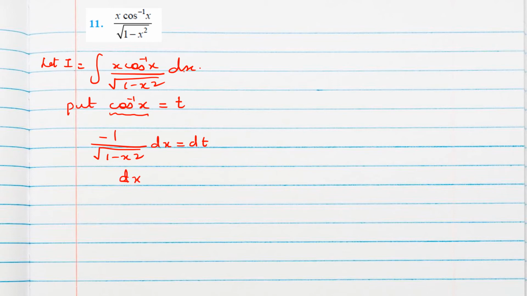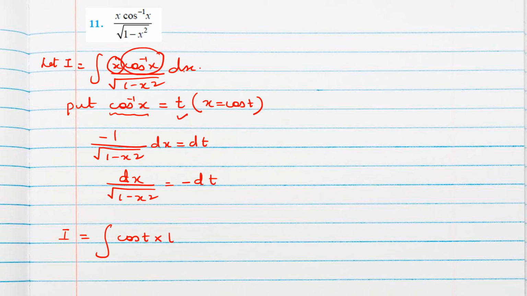So what we will do is write dx by root 1 minus x square as minus dt. So now the integral will become, x is also there. So from this step we can get the value of x. x is cos t. So cos t into t, since cos inverse x is t, and dx by root 1 minus x square is minus dt.